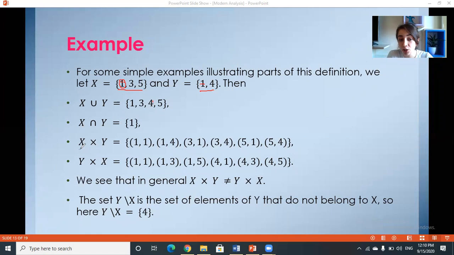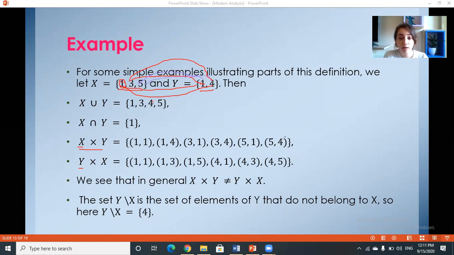The Cartesian product of X and Y. Please pay attention to the order of the sets. Here X is first, here Y is first. If X is the first set and Y is the second, the ordered pairs are like that: (1, 1), (1, 4), (3, 1), (3, 4), (5, 1), and (5, 4).